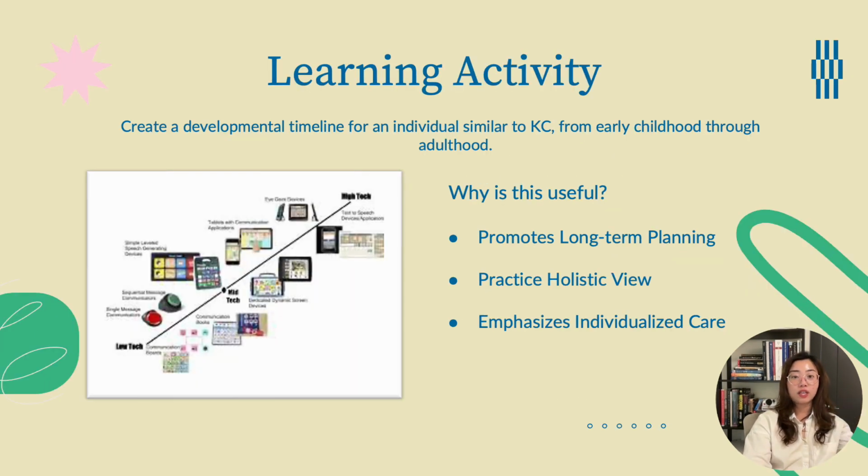So the learning activity that I thought would be great for this is basically to create a developmental timeline for an individual similar to Casey. And so we're starting to look at early childhood through adulthood, and we're thinking about what is she going to do at the beginning of her AAC journey, and what are we hoping for at the end of her AAC journey and beyond.